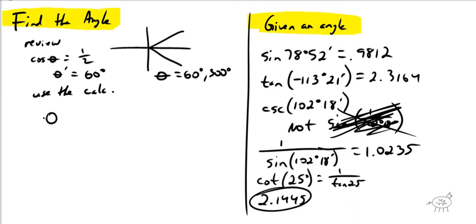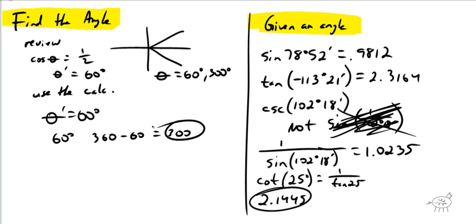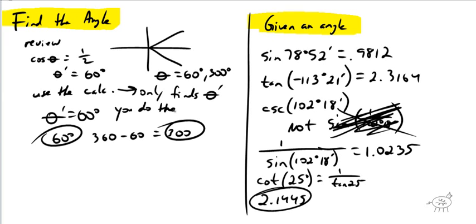You're going to say theta prime equals 60 degrees, and you just have to know that 60 degrees is one answer, then you have to know to say 360 minus 60 gives you 300 degrees. So you've got to do a little bit of work. It's only going to do so much for you. Using the calculator only finds theta prime. You do the rest.